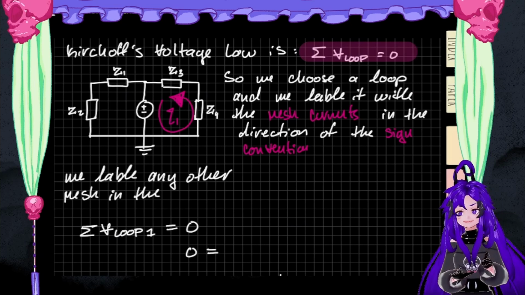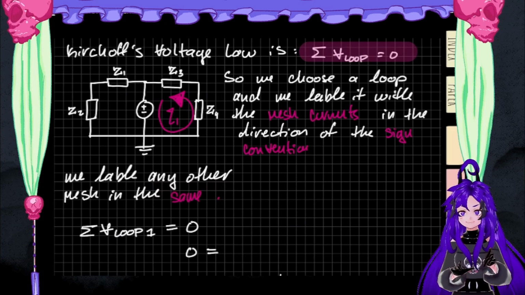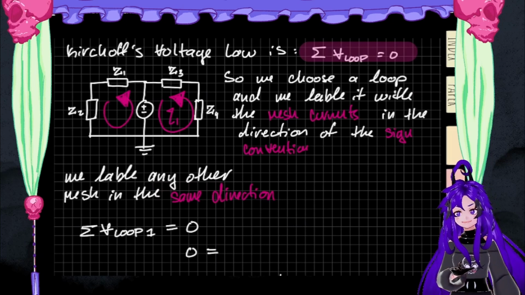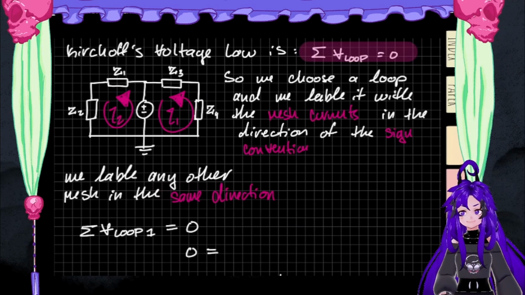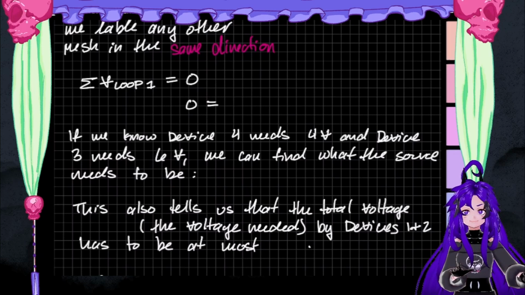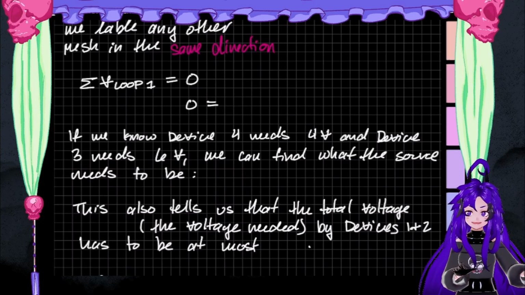And then we need to label any other meshes in the same direction. So in this case, we've only got one other mesh, so we're going to label it I2. And then we can go on to writing our conservation equation.